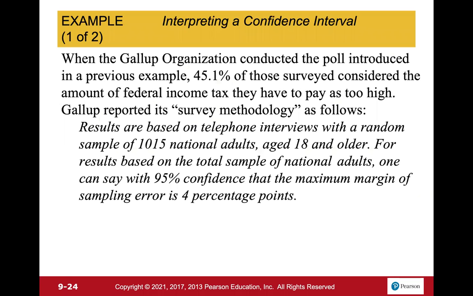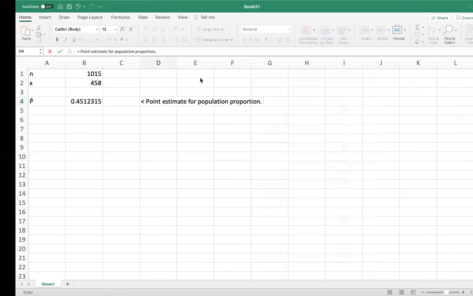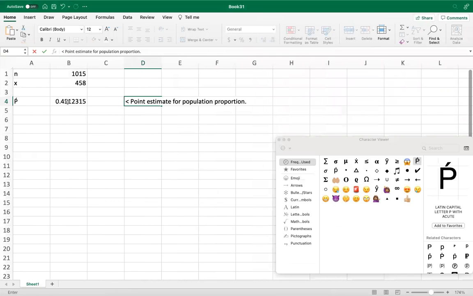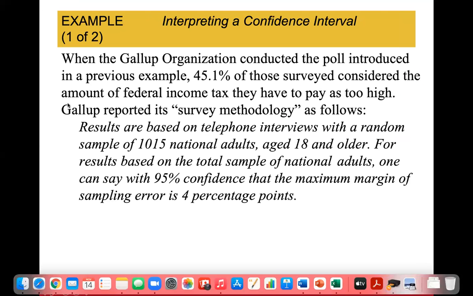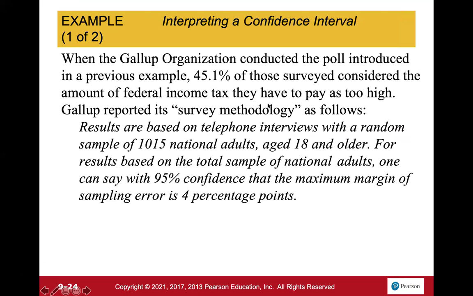All right, now we get an example. When the Gallup organization conducted the poll introduced in the previous example, we got 45.1, and that's the value that we had here. Just multiply this by 100 and it will give you the percentage. 45.1% of those surveyed considered the amount of federal income tax they have to pay is too high.